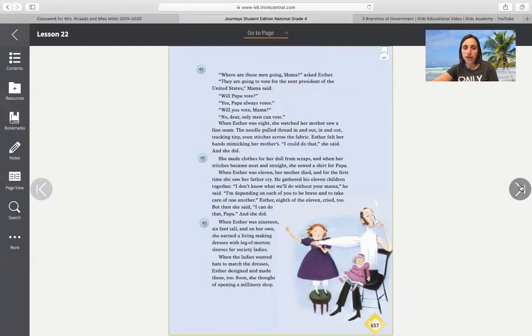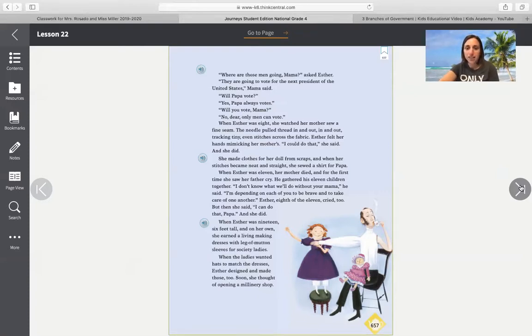Esther felt her hands mimicking her mother's. I could do that, she said, and she did. She made clothes for her doll from scraps, and when her stitches became neat and straight, she sewed a shirt for Papa. When Esther was 11, her mother died, and for the first time she saw her father cry.